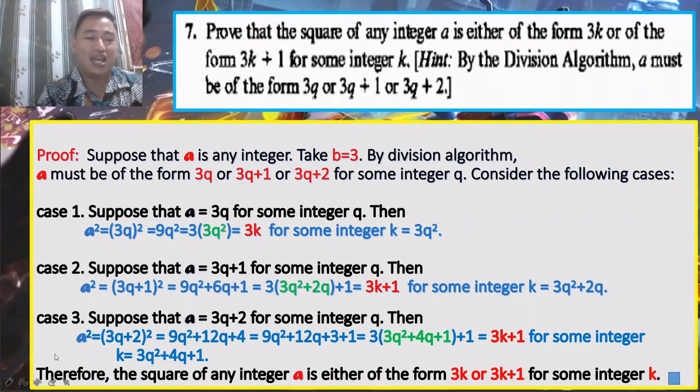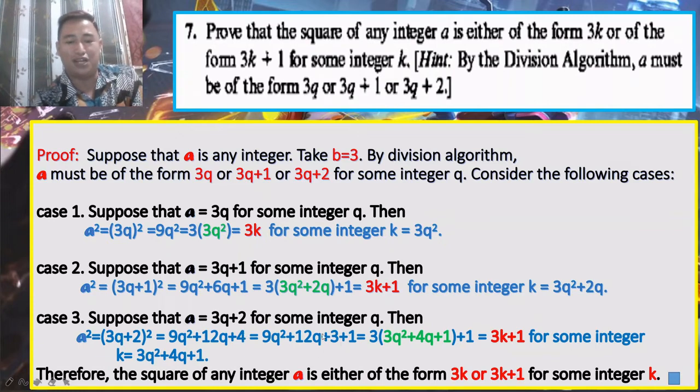Then a squared is (3q plus 2) squared, which is 9q squared plus 12q plus 4. We cannot factor out 3 because of the plus 4, so we split off a 1: 9q squared plus 12q plus 3 plus 1.